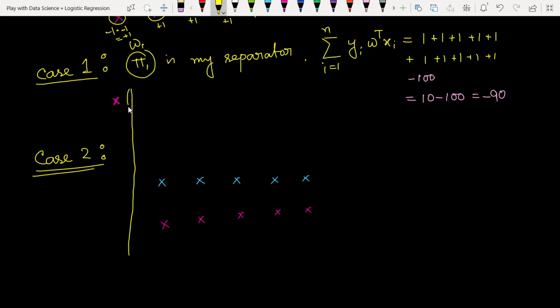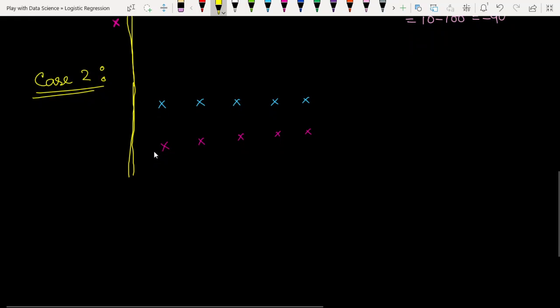So in such cases, what are the situations we have seen? Let's take this plane as pi 2, and the perpendicular to this is the w direction, the normal of this plane, which is w2 for case 2.